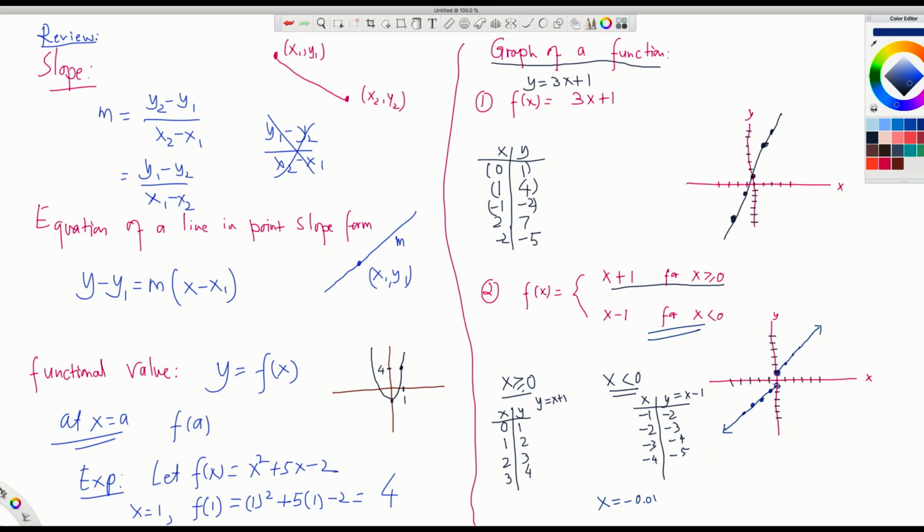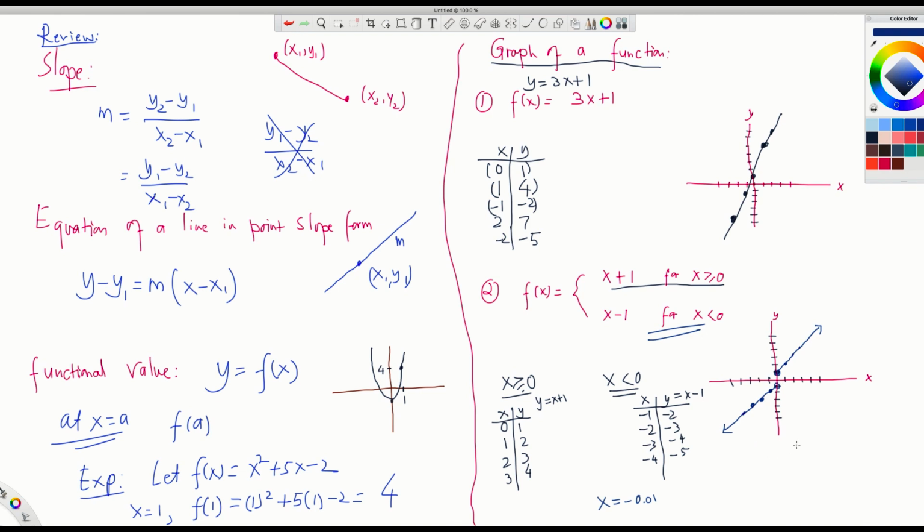You see that? So if I ask you what is the height of the function at x equals 0, it will be 1. You look at the closed circle, not the open circle. It looks like at 0 there are two graphs, that is true, but you look at the one that has the closed circle for the height, or for the functional value, okay?